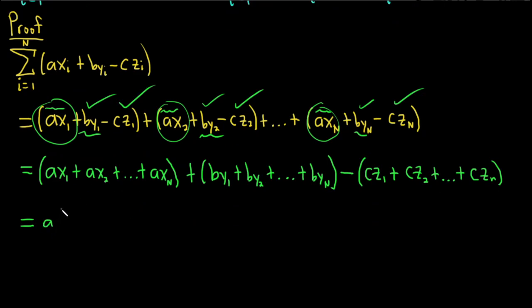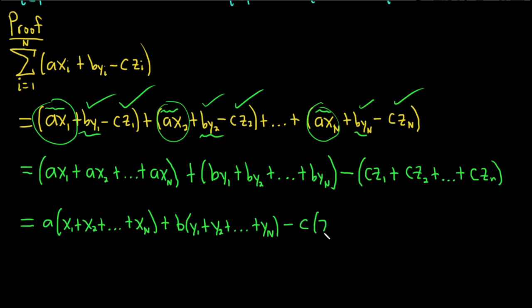So we can have a, x_1 plus x_2 plus ... plus x sub N. Same thing here, we can pull out the b, so b, then we have y_1 plus y_2 plus ... plus y sub capital N. And then same thing here, we can pull out the c, so minus c, and then we have z_1 plus z_2 plus ... plus z capital N. That should be a capital N there. I messed up there. There we go, easy to fix.